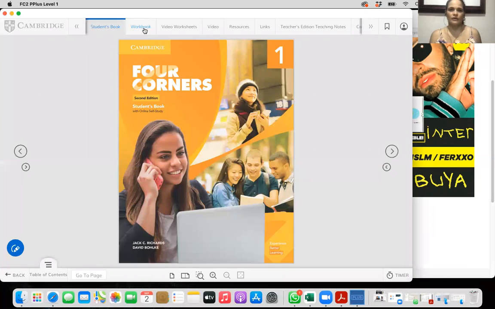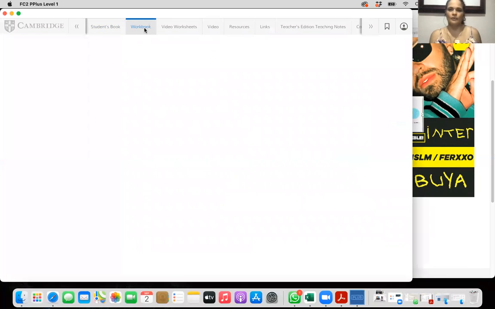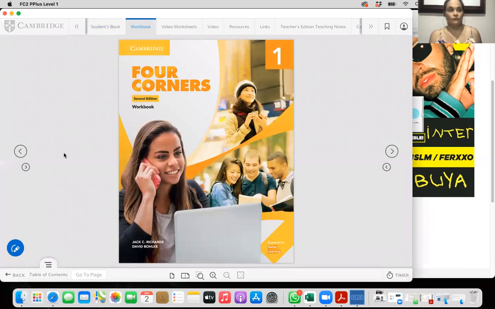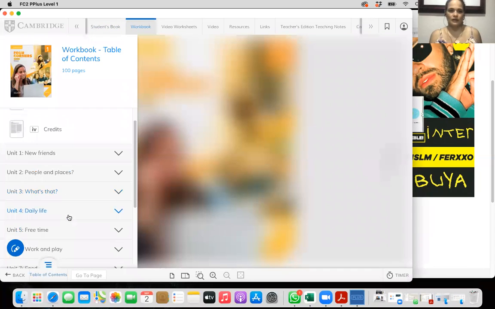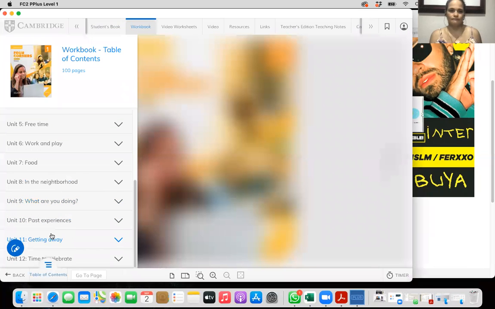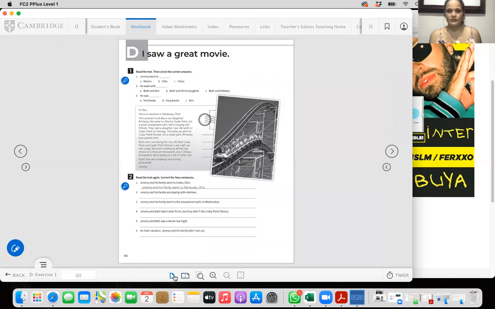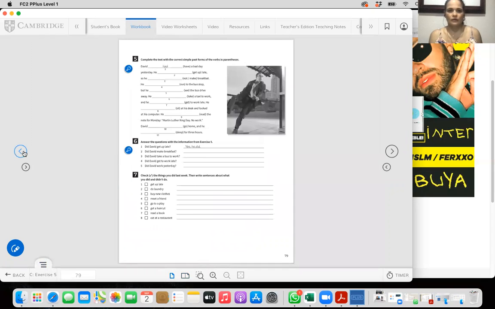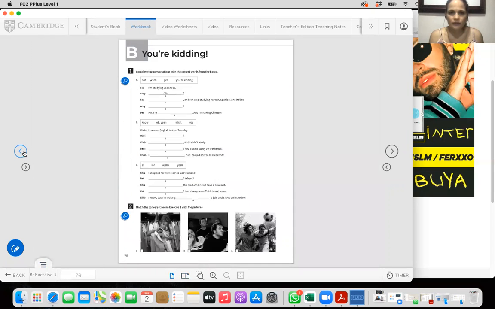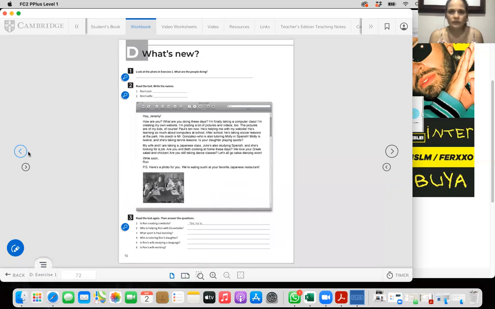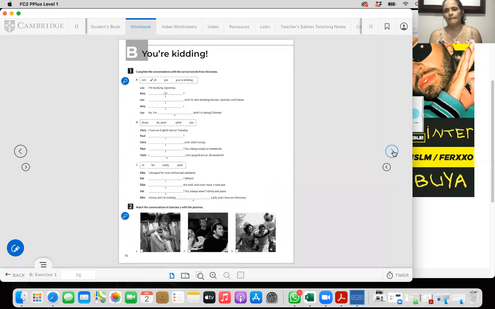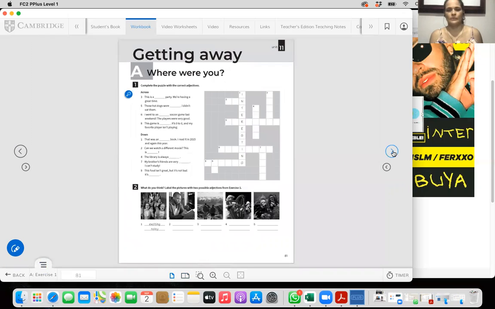Okay, so here we are. This is our workbook. We're going to go to the workbook. Your first homework, people, is going to be on your workbook. Okay, and we're going to go to unit 10.